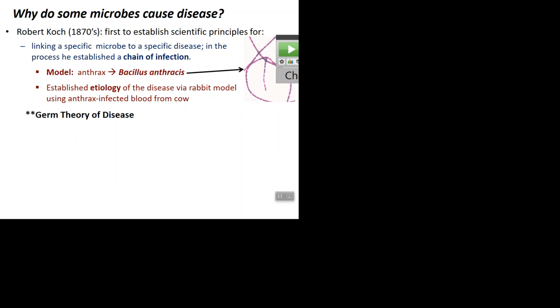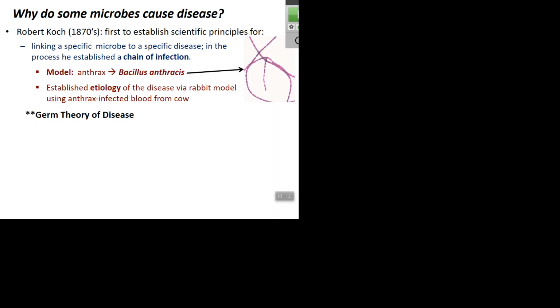And so this is the germ theory of disease, what we call a chain of infection, establishing that microbe X causes disease Y. Obviously, we're talking about infectious diseases, not things like diabetes or cancer, but diseases with a microbe attributed to them. Etiology is that fancy word for cause of disease.